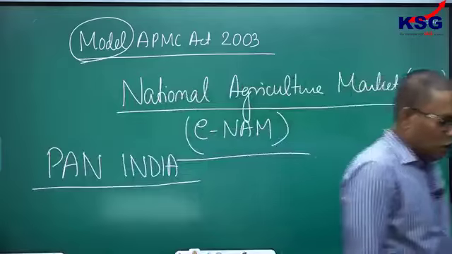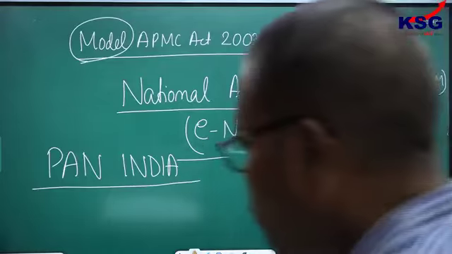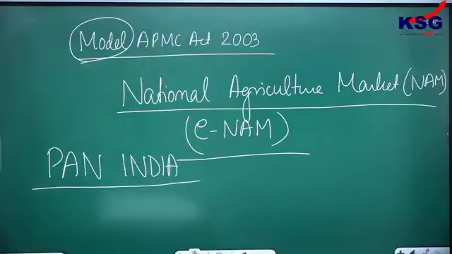Basically, you have to amend your APMC and allow the farmers to sell directly, and also allow auctions so they can participate in the e-market.